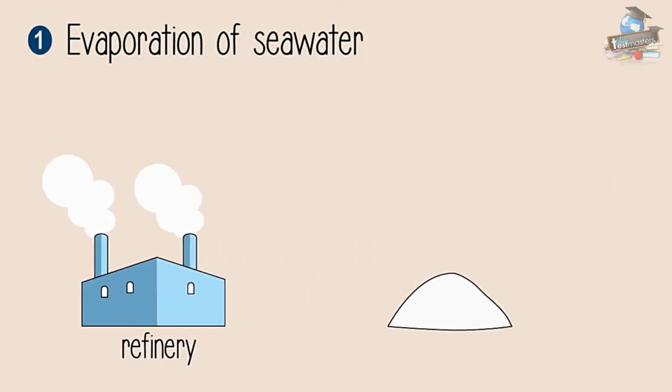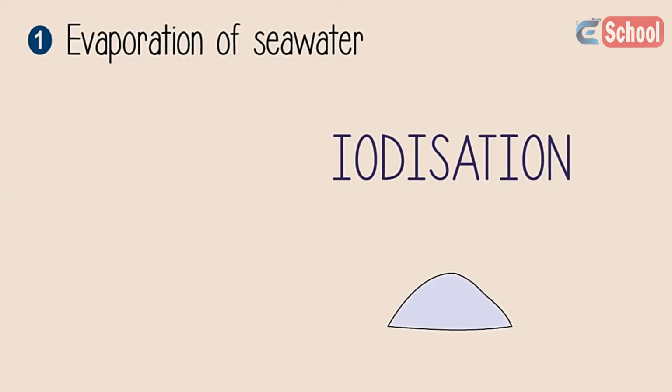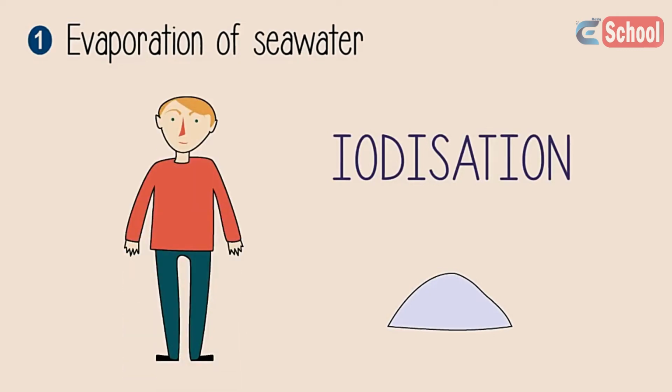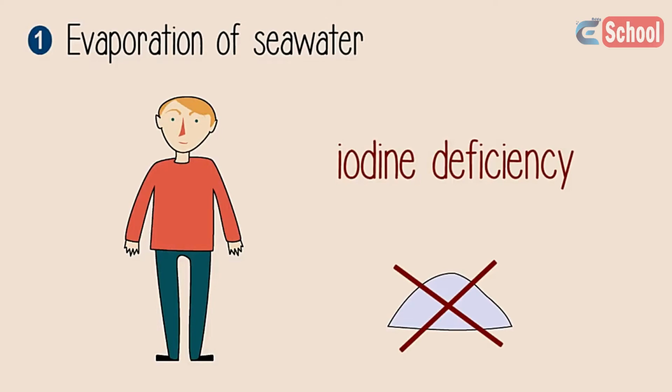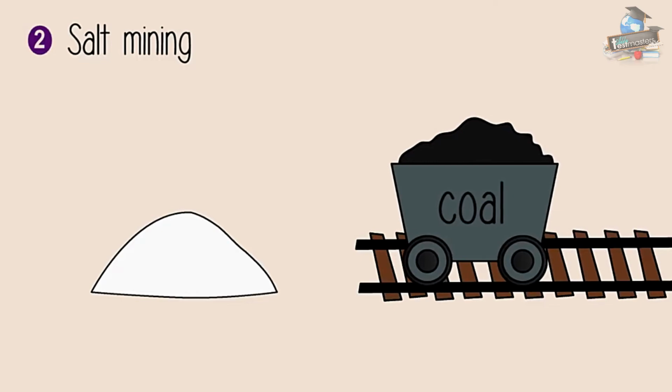A crucial step in the refinery process is iodization, or the addition of iodide ions. This iodized salt is important for our health because iodine deficiency can lead to enlargement of the thyroid glands, forming a goiter.